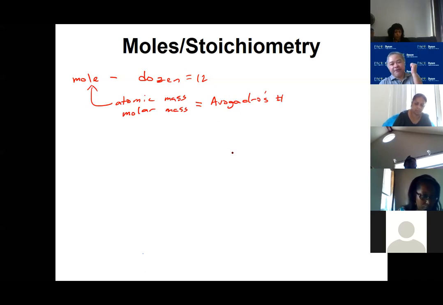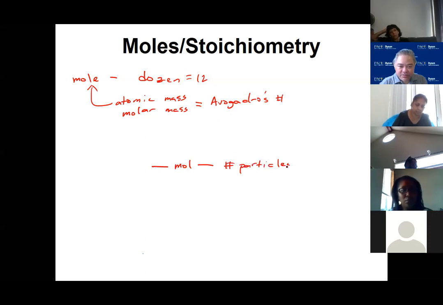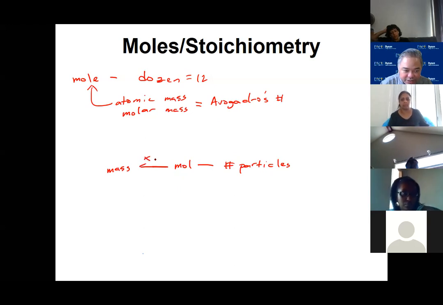There are three ways to describe the amount of matter: mass, number of particles, and moles. How do you go from moles to mass? You multiply it with the molar mass.